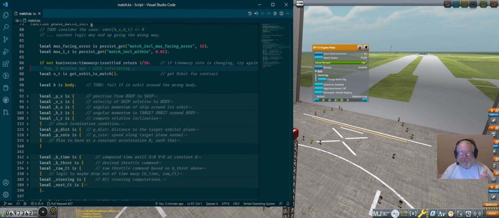Okay, so that fixes our inclination, and it fixes our argument of periapsis. Actually, no, it doesn't. It fixes our longitude of the ascending node and the plane. And as long as our burn doesn't change our angular momentum, so we can't burn prograde, we can't burn retrograde, we don't want to burn radially in or out because those will also change our apoapsis and periapsis.